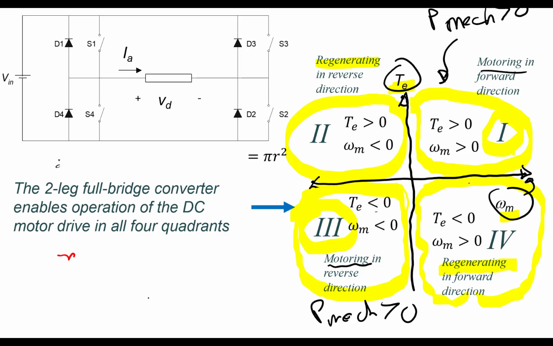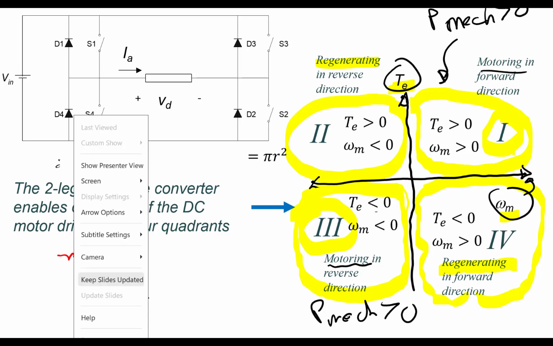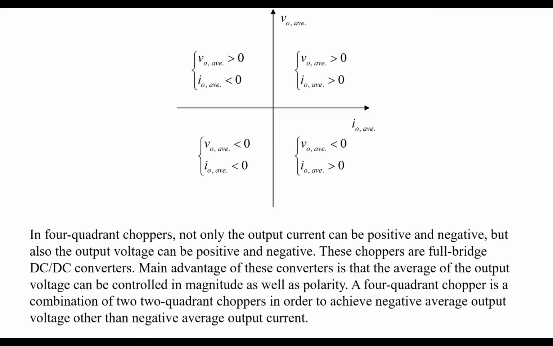So what we want is a converter that can operate in all quadrants. See, this is the worst thing about PowerPoint. In presentation mode, I can't advance my screen. I want to operate in all quadrants.